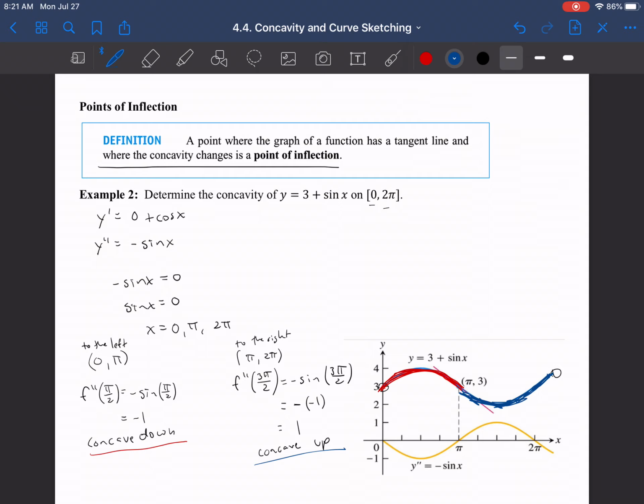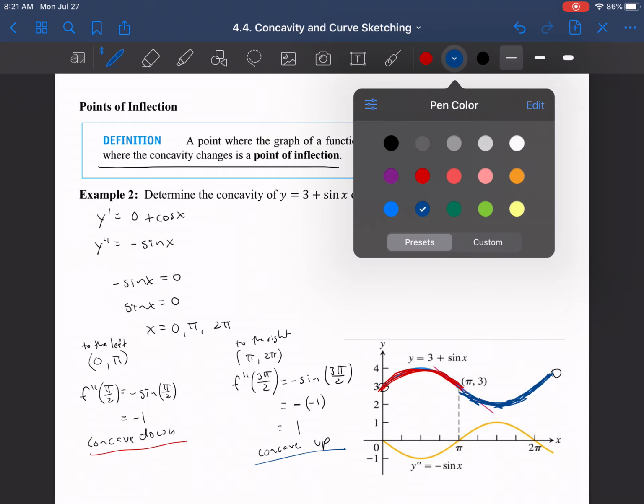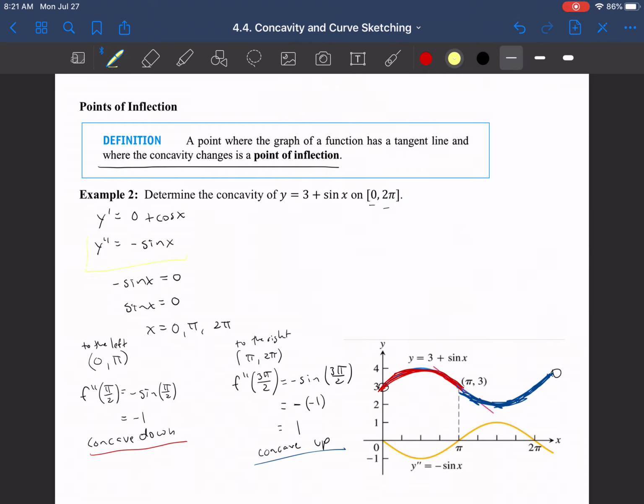You can also take a look at the actual graph here of negative sine x right there, our second derivative, and it's this right here. You can see it right there, and it's telling us all in this area over here, we have negative second derivatives, which means all in that area here, we have all concave down because the second derivatives are all negative.